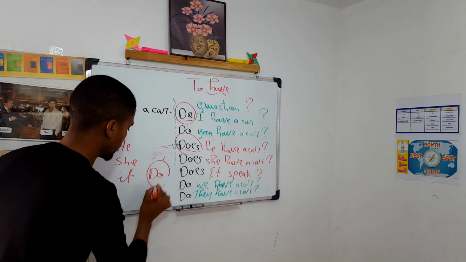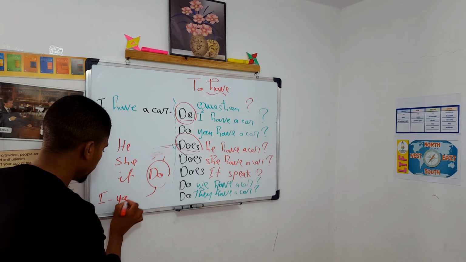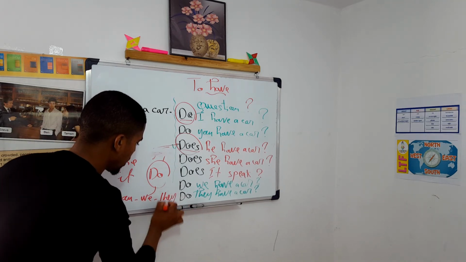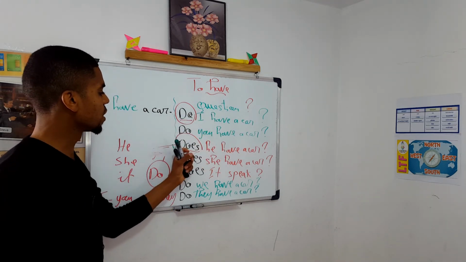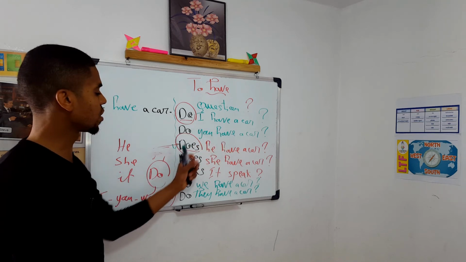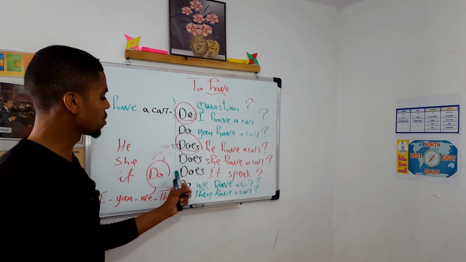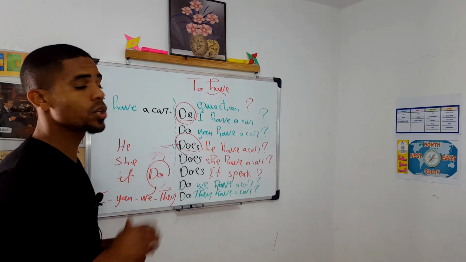Okay, let me write them here. Do I have a car? Do you have a car? Does he have a car? Does she have a car? Does it have big ears? Do we have a car? And do they have a car? This is for questions.